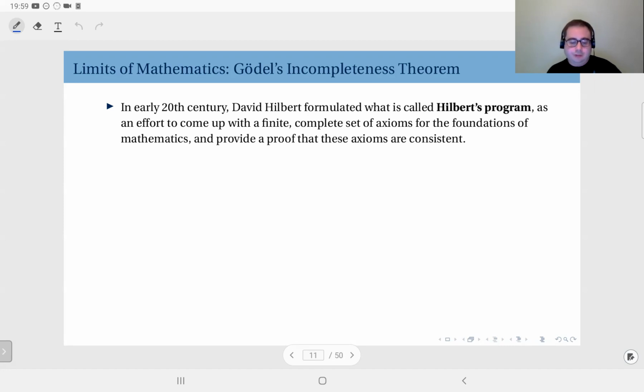So this was Hilbert's idea as an effort to come up with a finite, complete set of axioms for the foundations of mathematics, and then you lay out a finite set of axioms, and then you prove that they are consistent. There are no contradictions. So that beyond that point, every mathematician is going to use that set of axioms.